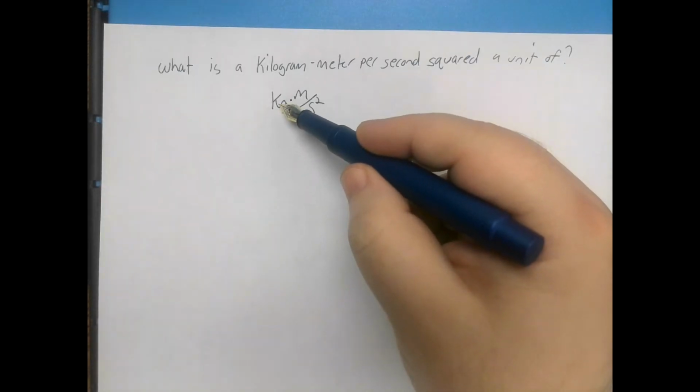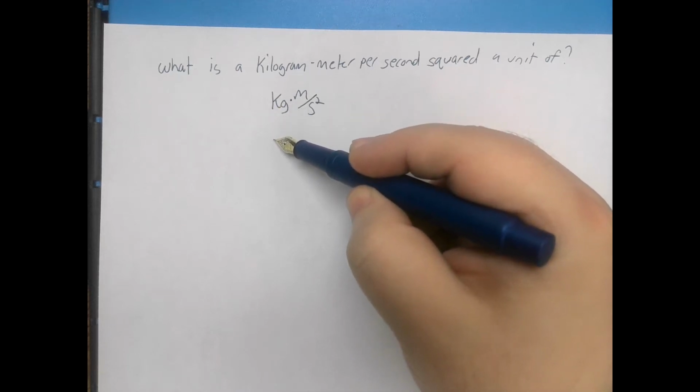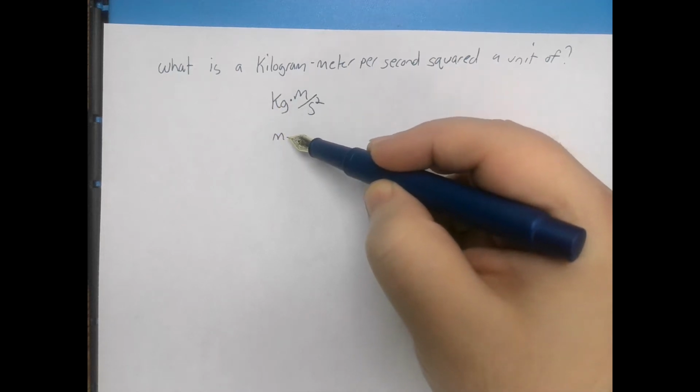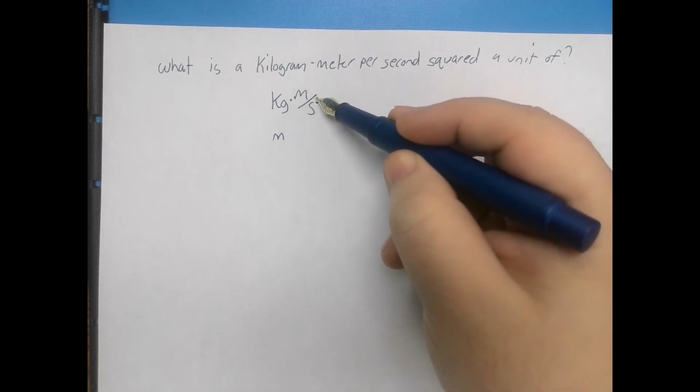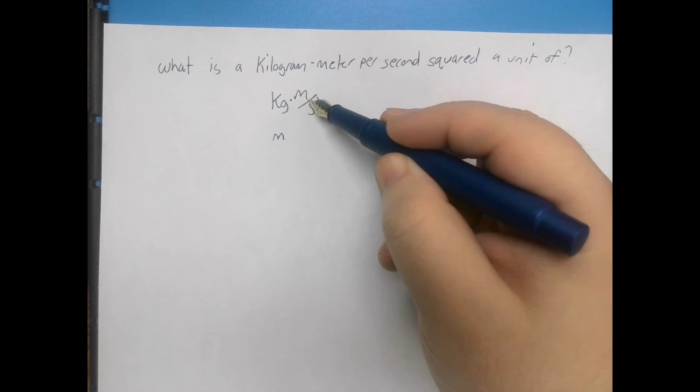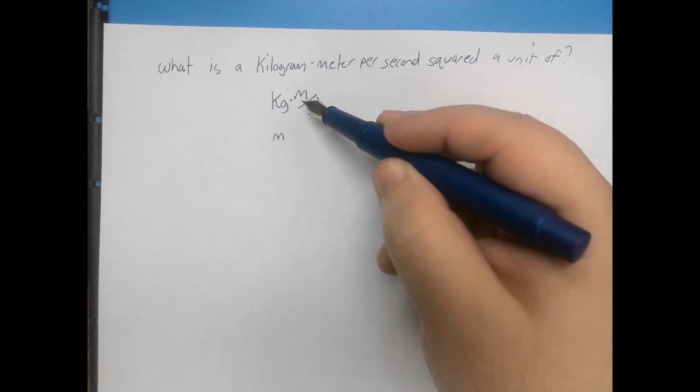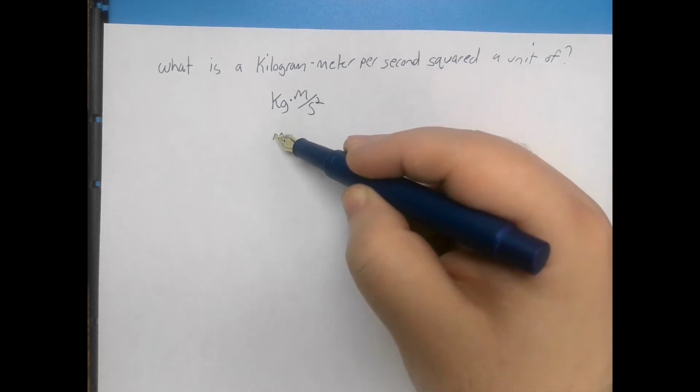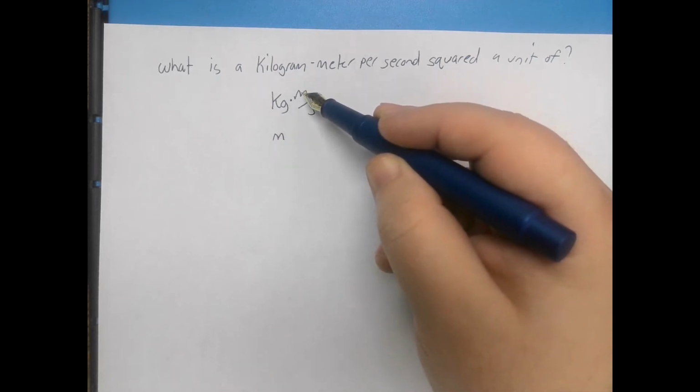What is mass? What's the variable we use to represent mass? M for mass. What is a meter per second squared? No, because one's a variable and one's a unit.